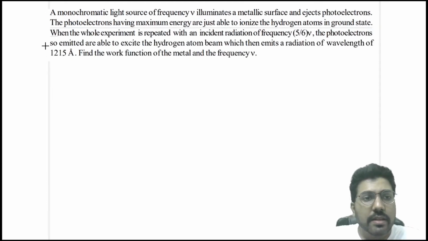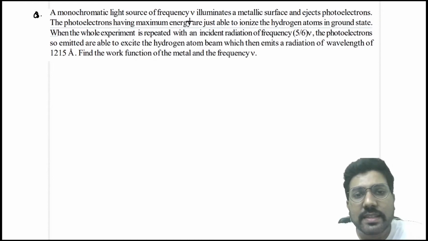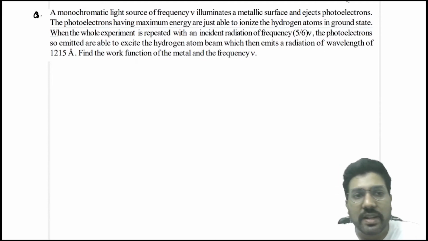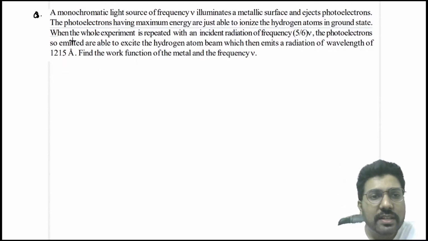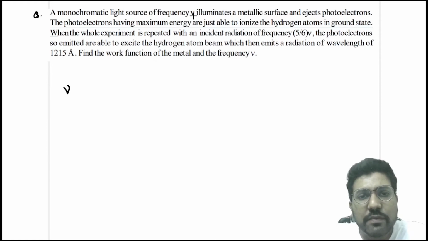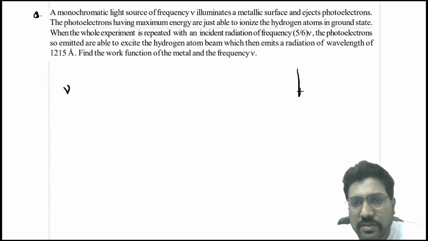Now, the next question is: a monochromatic light source of frequency f illuminates a metallic surface and ejects photoelectrons. The frequency is given as ν, or f, you can use either.